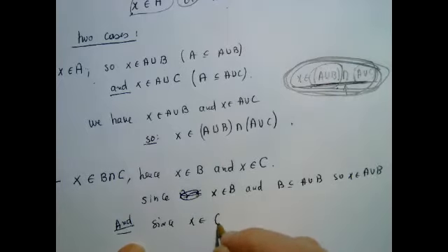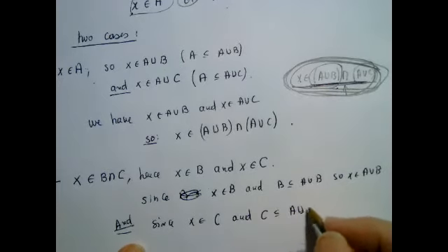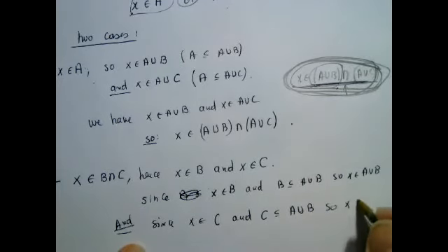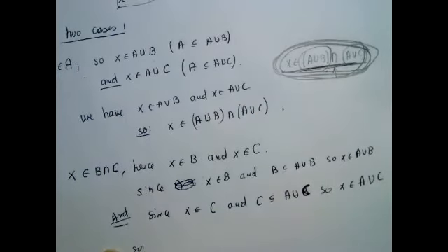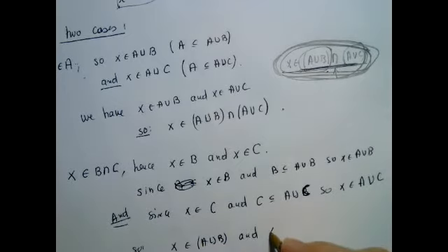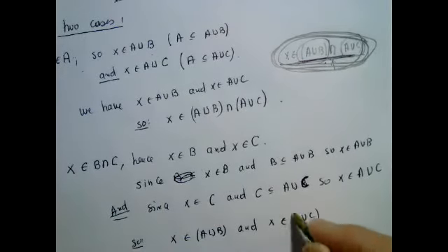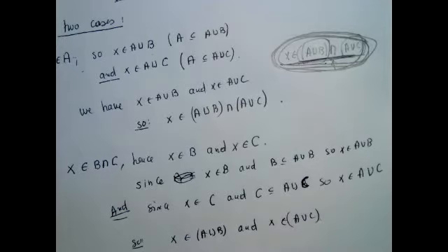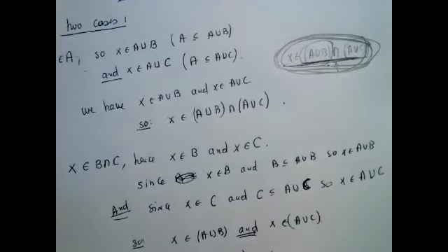Since X is in C and C is a subset of A union C, X has to be, my apology, in A union C. So now I have X in A union B. They are not really hard. It's just that you have to follow your nose, know where you're heading, and connect that. And X is in A union C. So X is in A union B and X is in A union C.